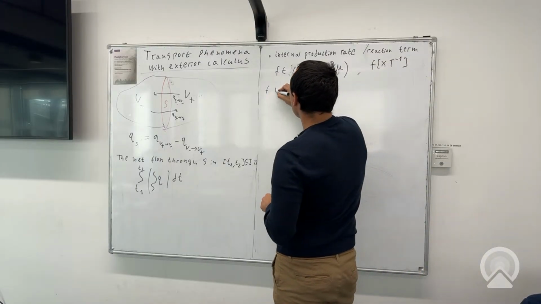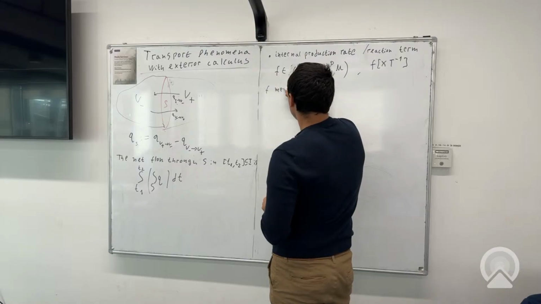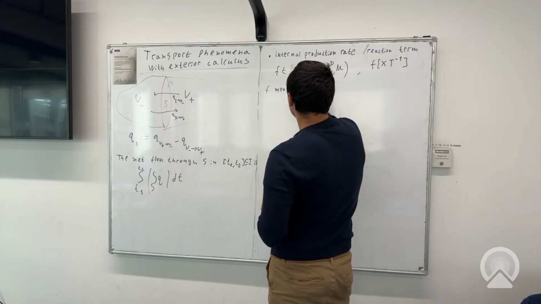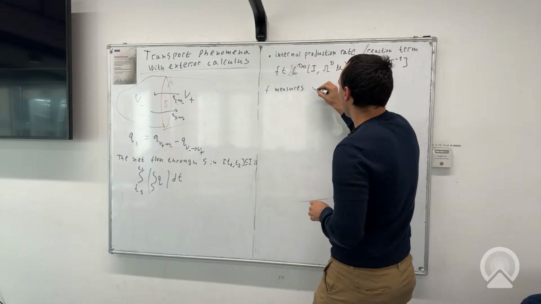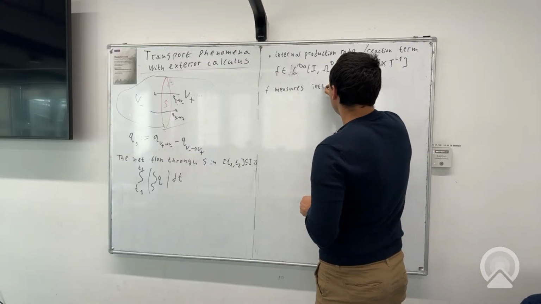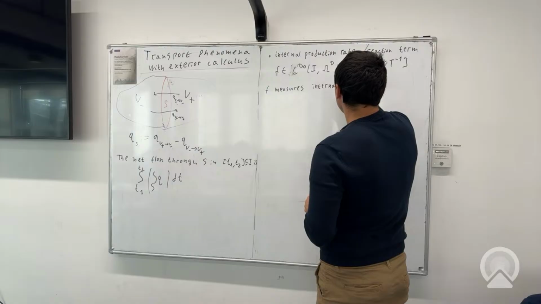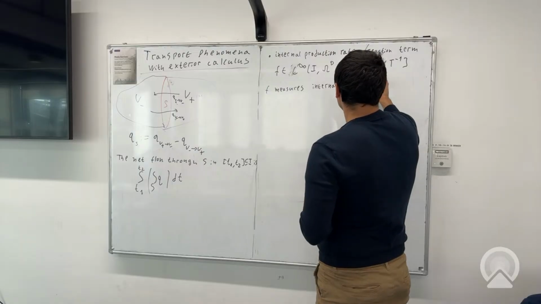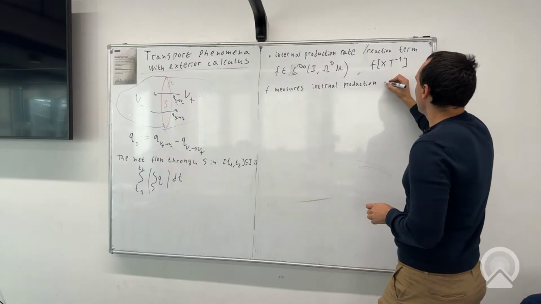So F measures internal production inside a volume.